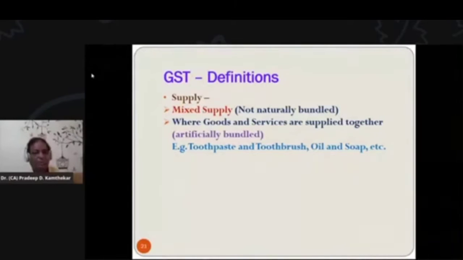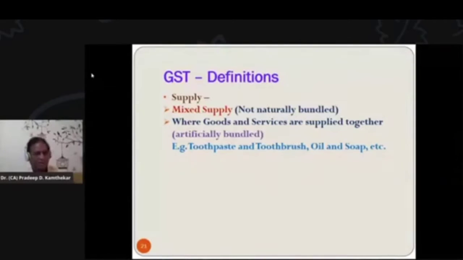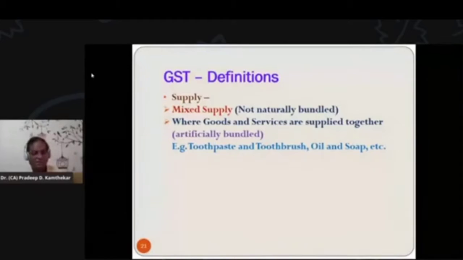In case of mixed supply, the GST rate of the product which is higher is applicable to the entire value. For example, we go to a shop to buy a toothpaste, and along with that toothpaste we are given a toothbrush also, tied together. Suppose the GST rate for toothpaste is 18% and toothbrush is 12%.